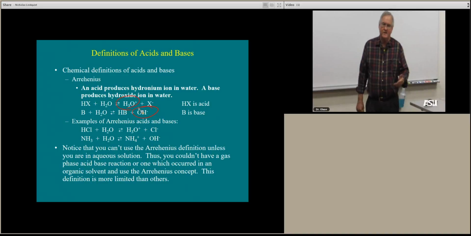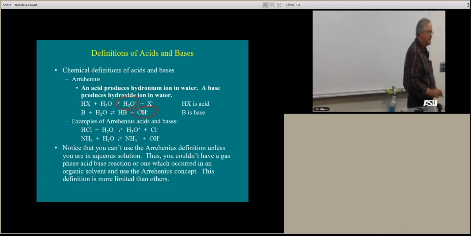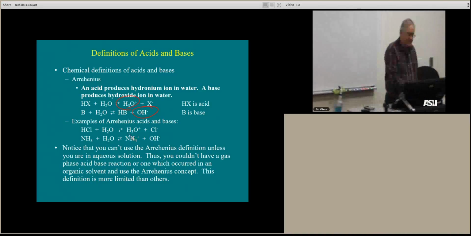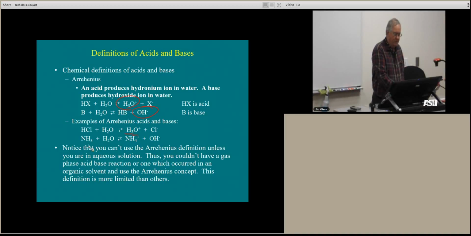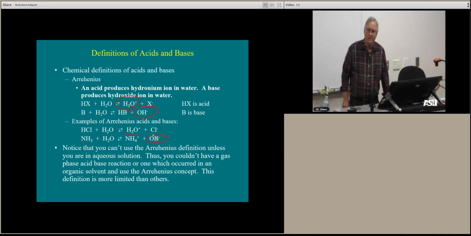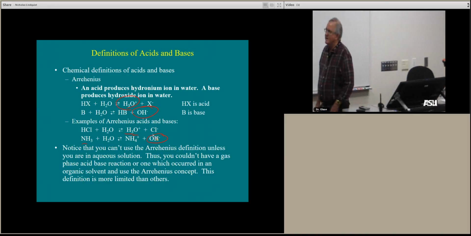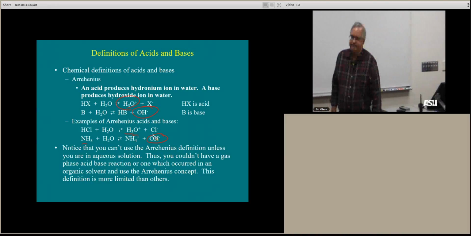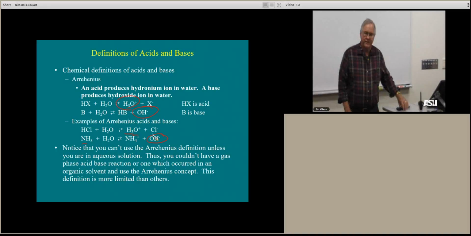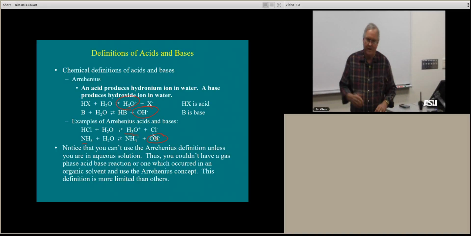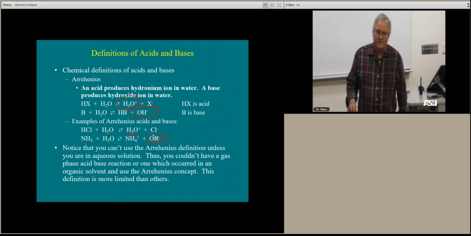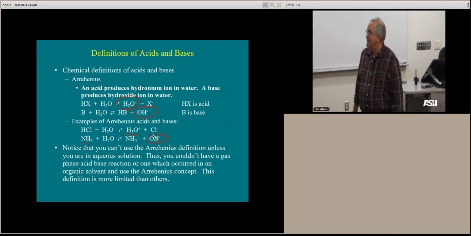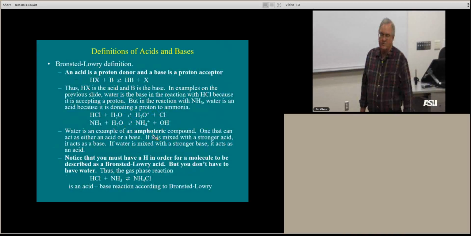So HCl we would call an acid, an Arrhenius acid, because it's producing H3O+. And ammonia here is going to be a base because it reacts with water to produce ammonium ion and the hydroxide ion. Okay? So anything that produces hydrogen ion, hydronium ion, H3O+, or hydroxide ion is going to meet the definition of an Arrhenius acid or base.